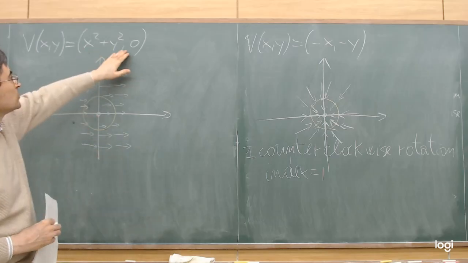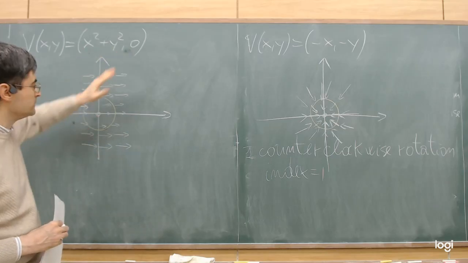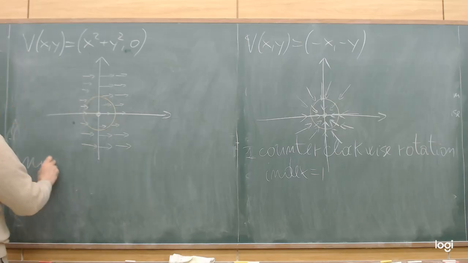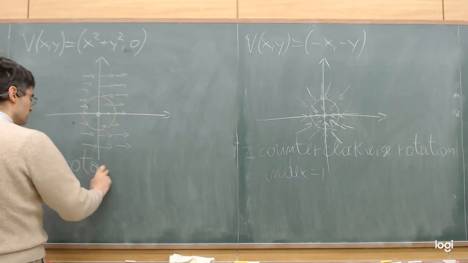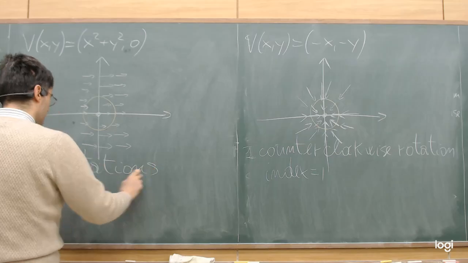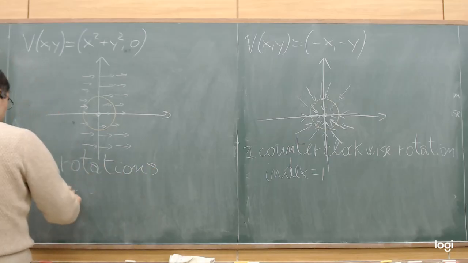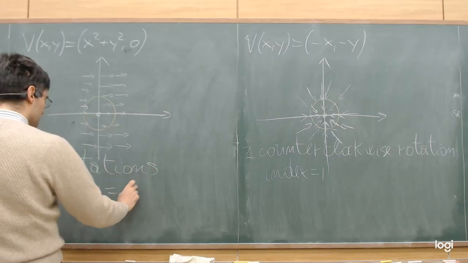Why? Because the second component is always 0. So no rotations implies index equal to 0.